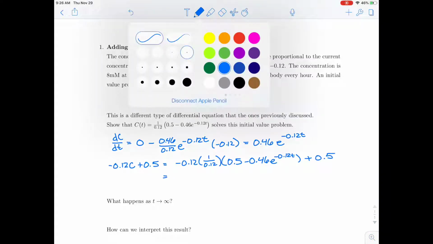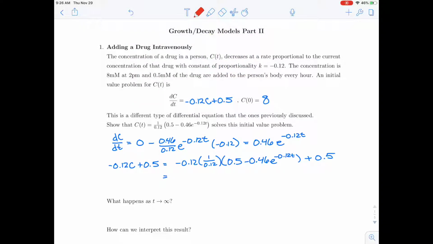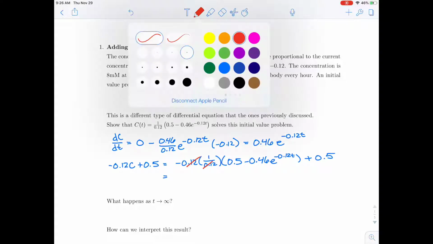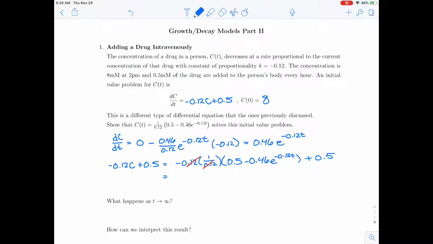We see that the 0.12s cancel here, okay? And we get negative 0.5 plus 0.46 e to the negative 0.12 t plus 0.5.